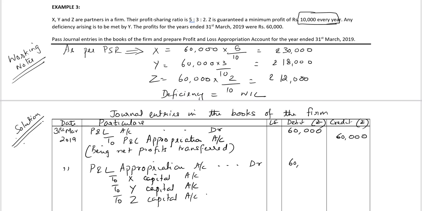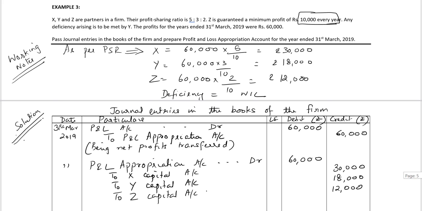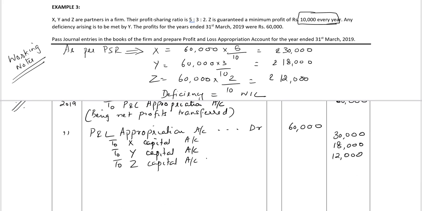Total profits 60,000. X share 30,000 rupees. Y share 18,000 rupees and Z share rupees 12,000. And the narration being profits distributed to partners' capital accounts.